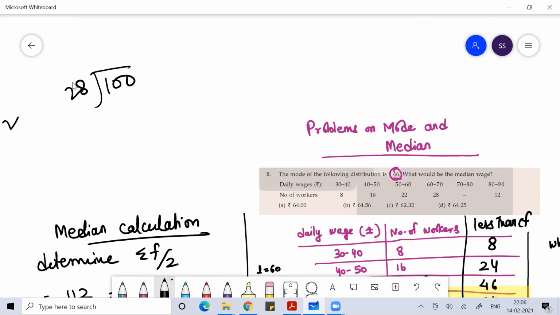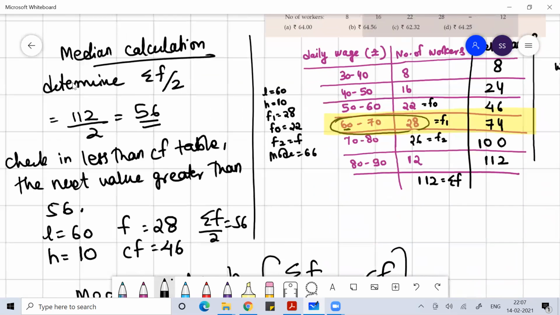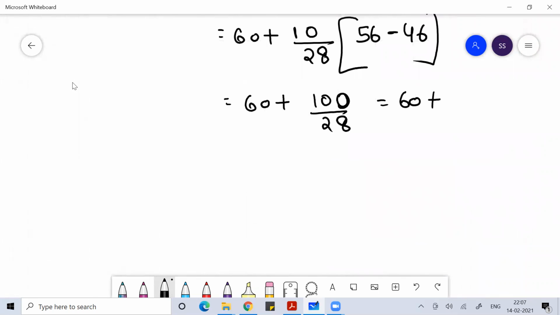So 28 fours are 32. Here you can see 100 divided by 28, plus 60.